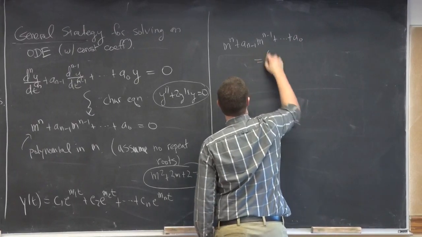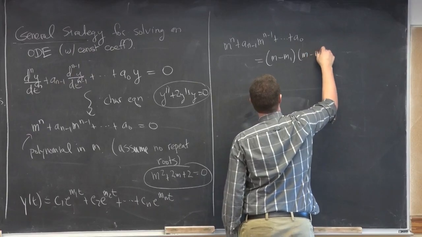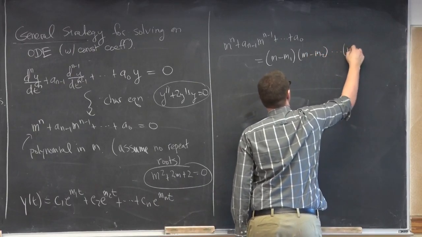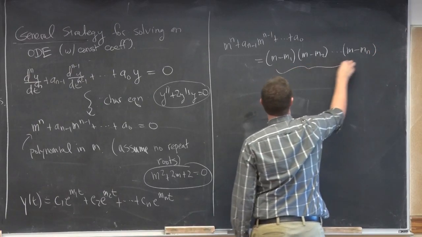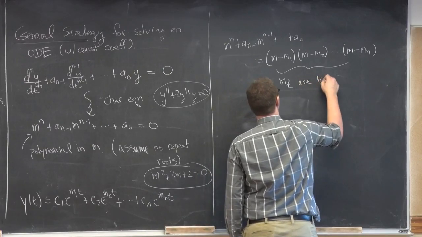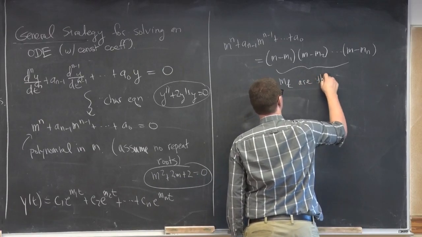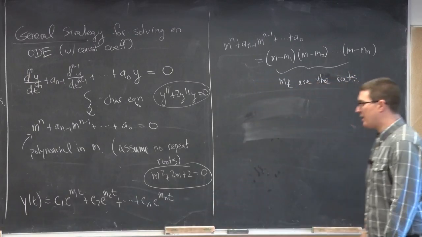Here we're using that the characteristic polynomial equals (m minus m1)(m minus m2) through (m minus mn). So the mk are the roots. And so this gives us a solution with complex coefficients.